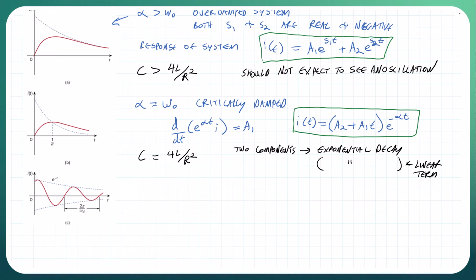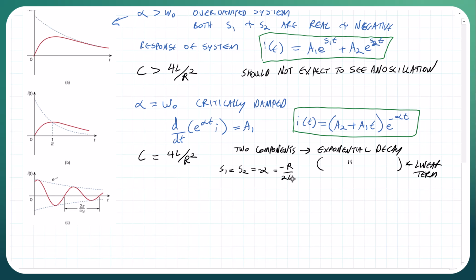And just as additional information, in this case, S1 is going to equal S2, which equals minus alpha, which equals minus R over 2L, just as a side thing.